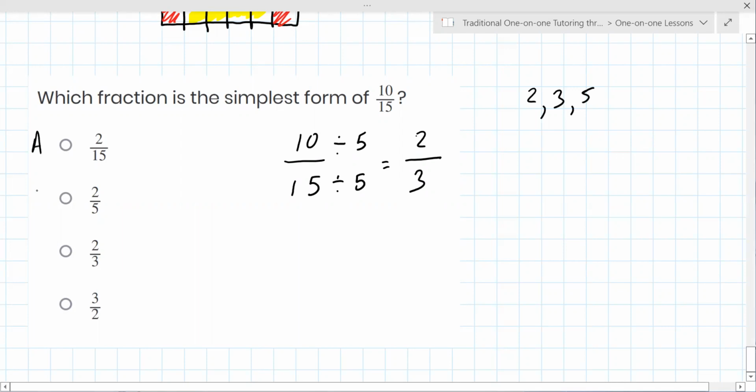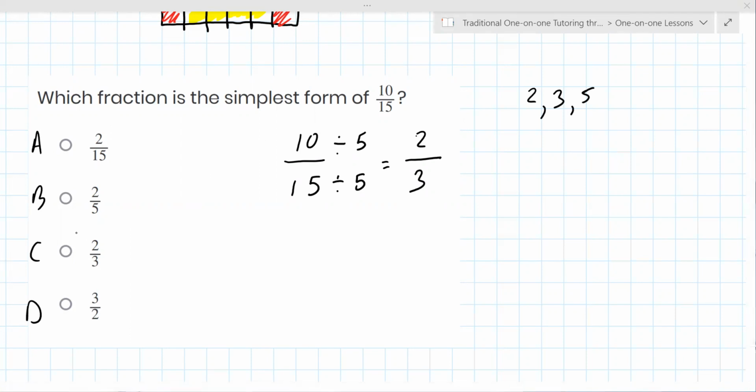So what is the correct answer? Is it A, B, C, or D? C. Let's see. Okay, good.